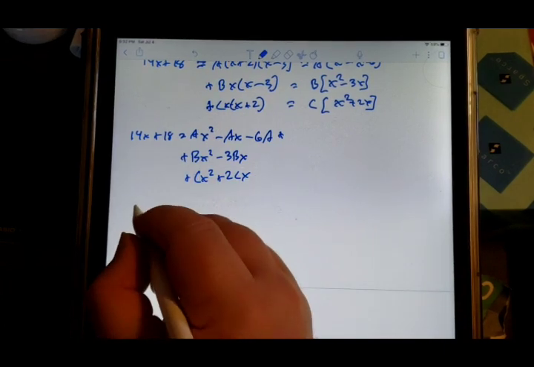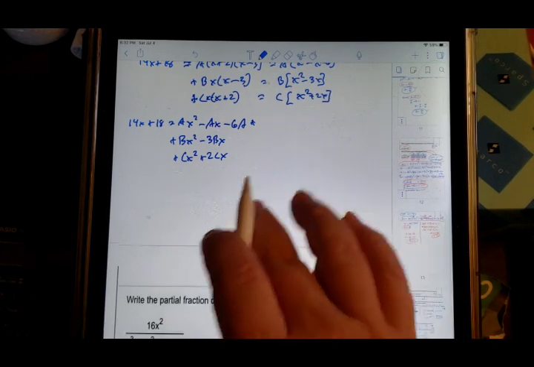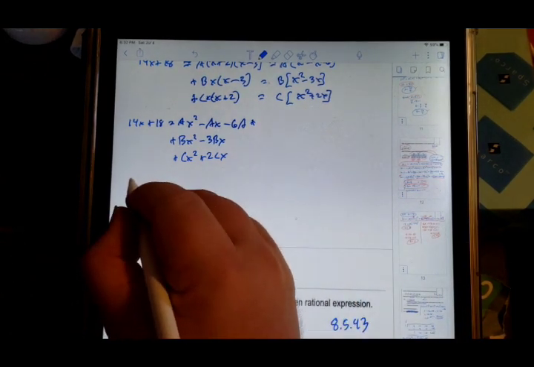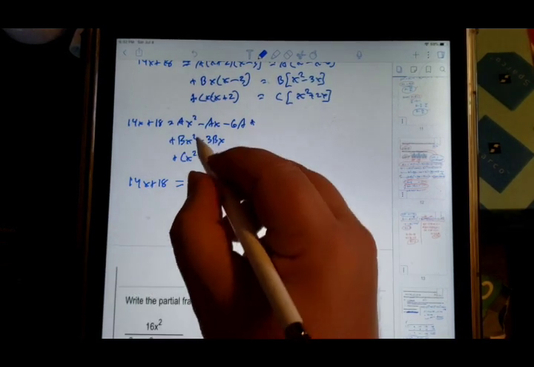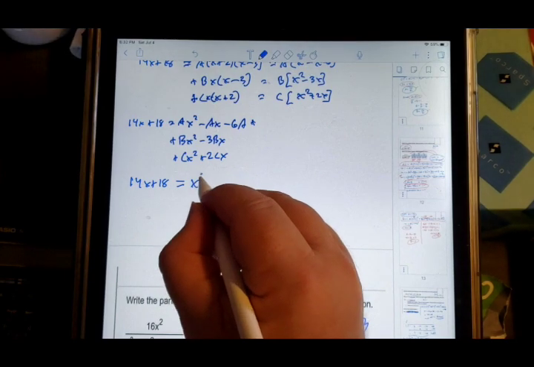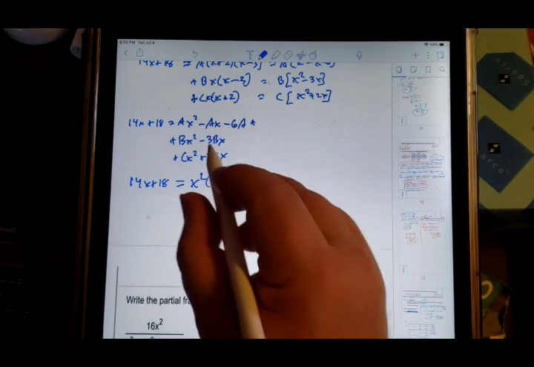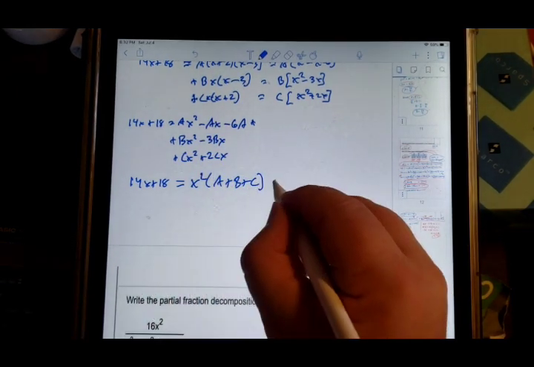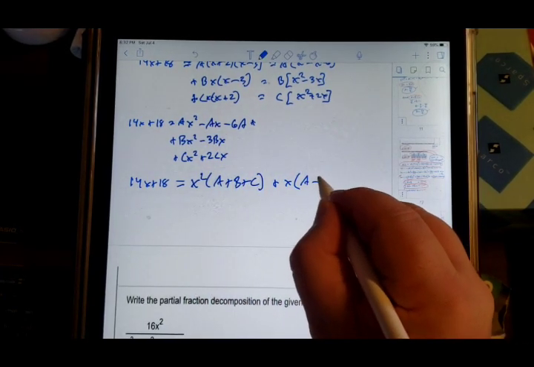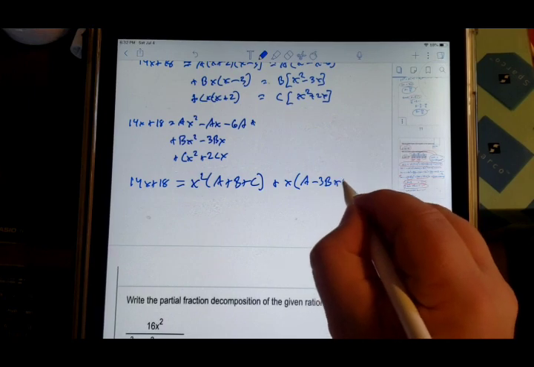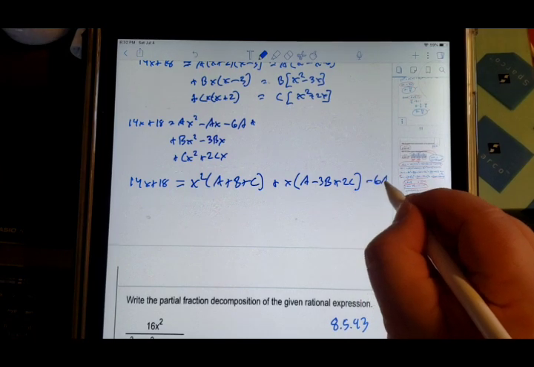So putting all of that together, I have 14x plus 18 on this side. And what's my x squared going to be? It's going to be x squared times a plus b plus c. And then my x's are going to be, let's write it here, all of those terms, a minus 3b plus 2c, and my constant term is just minus 6a.